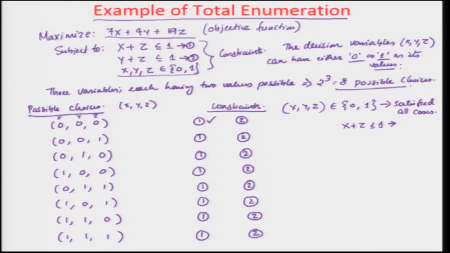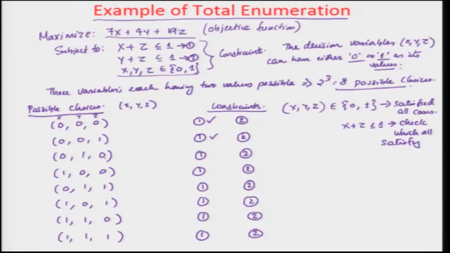So, the case of constraint 1, check which all satisfy. We check the first constraint, x plus z less than or equal to 1, is that satisfying. So, 0 plus 0 less than or equal to 1, that is correct. This case is 0 plus 1 less than or equal to 1, also satisfied.